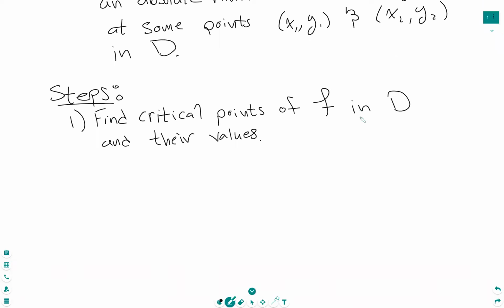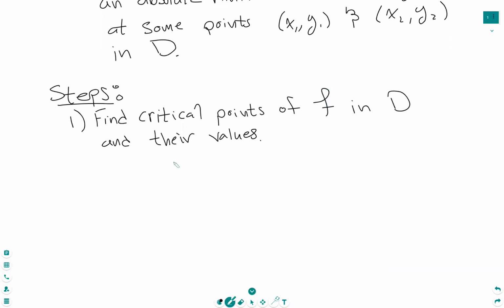So here we're testing the interior. All of those critical points could either be mins, maxes, or neither, but we're still going to have to plug in all those values to figure out what f at those points are.